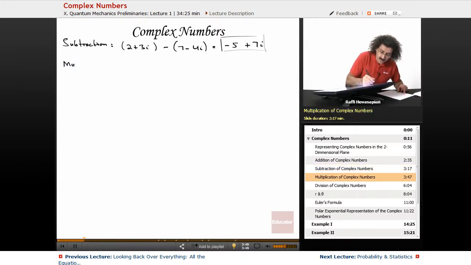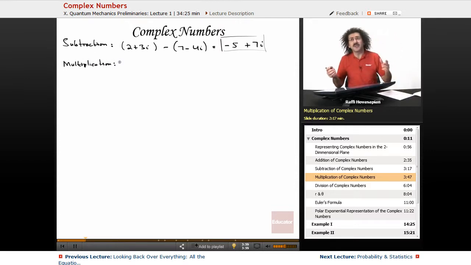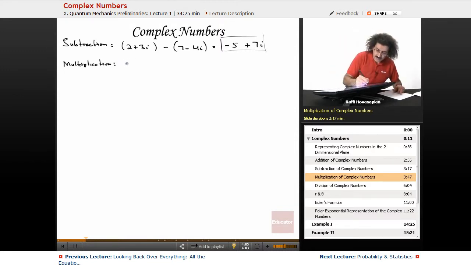Multiplication, also very straightforward. For multiplication, you're just going to treat it like you would any other binomial. So we have 2 plus 3i, and we have 7 minus 4i.